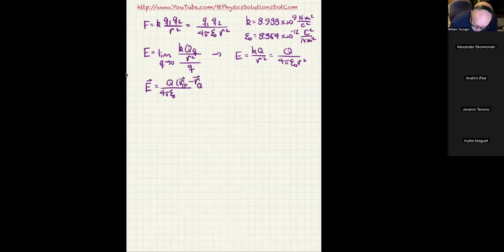So remember, I told you guys that we had to imagine a vector that points from the origin to the point P at which we wish to know the electric field. That's the RP vector. And there has to be another vector that points from the origin of our coordinate system to the charge Q that's creating the electric field, and that's what our RQ is.